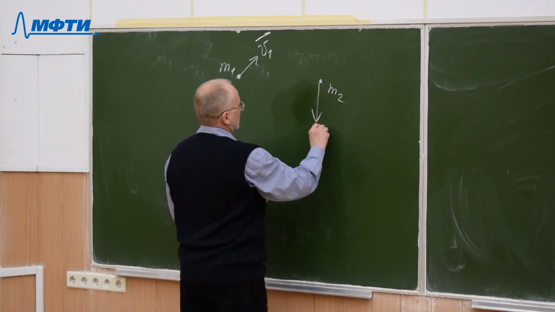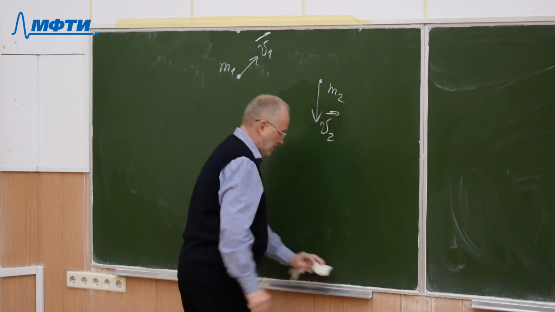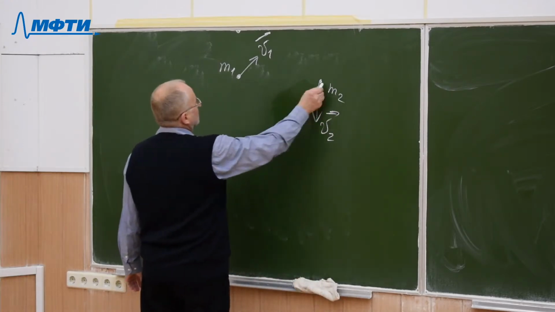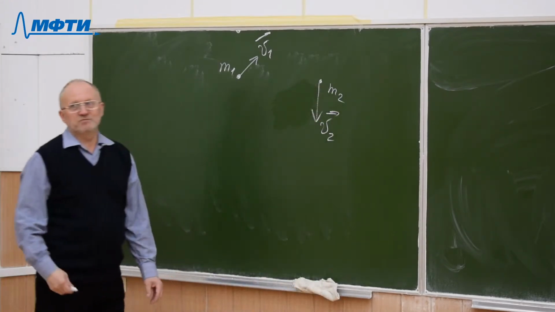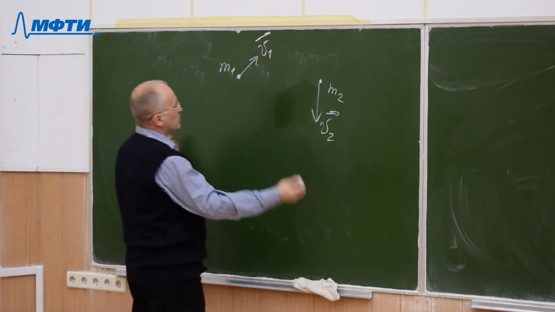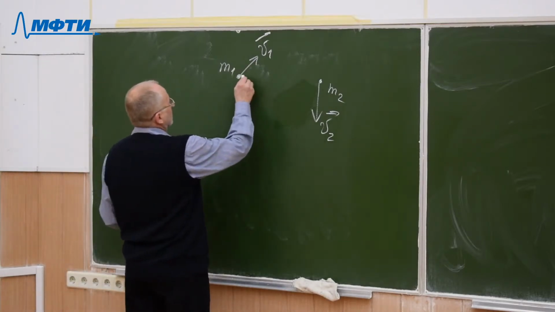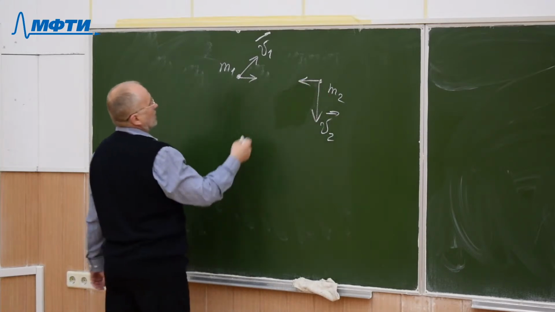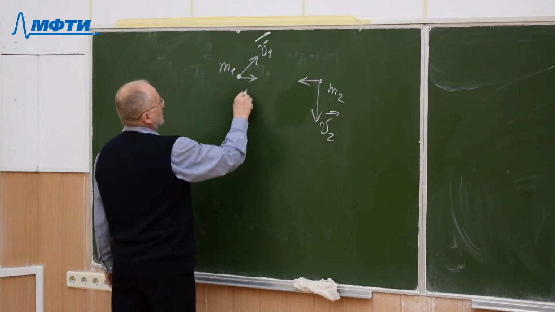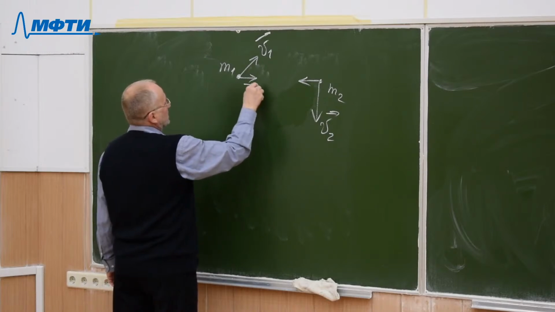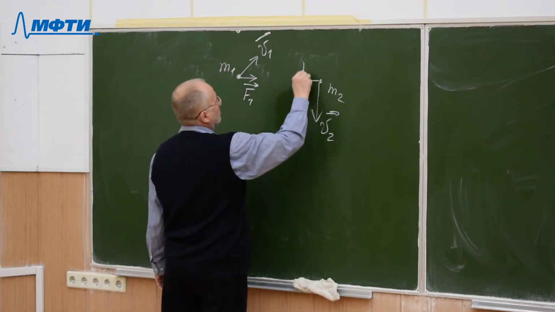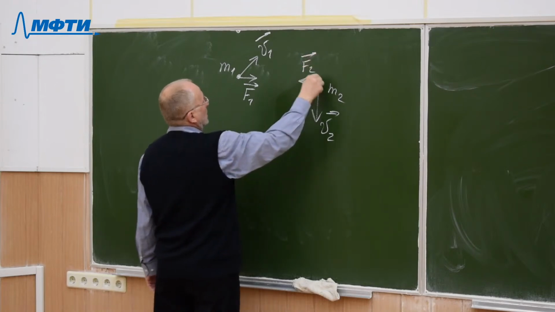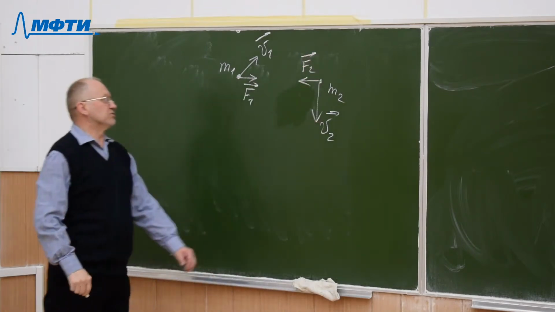And if these two particles interact, that may be a repulsion or attraction, anything. Let it be some sort of attraction between these two particles. The force F1 is acting on particle m1, and the force F2 is acting on particle m2.